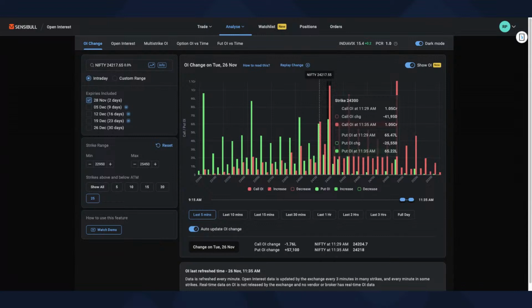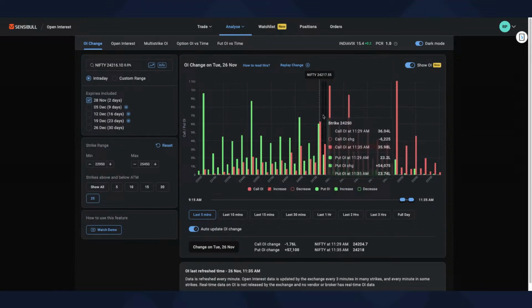Probably below that is the most probable expiry, and then PCR is obviously 1.0, which is basically flat. Let's say even if it breaks, let's take it as 24,000, right? So right now we're at 24,200, and to go to 24,300 is a very small percentage, probably 0.25 or whatever, that kind of number.